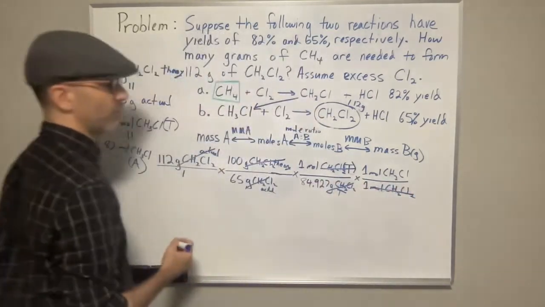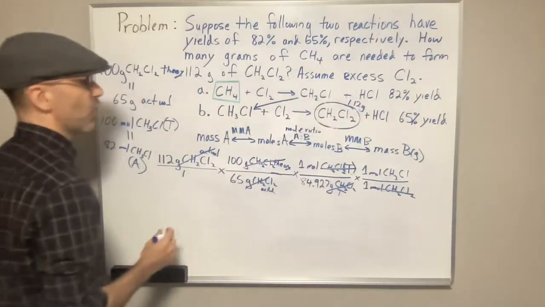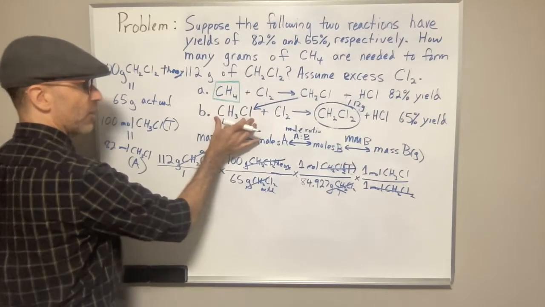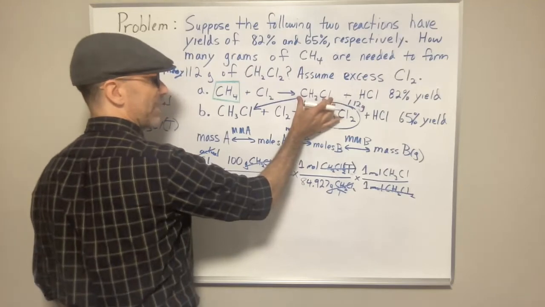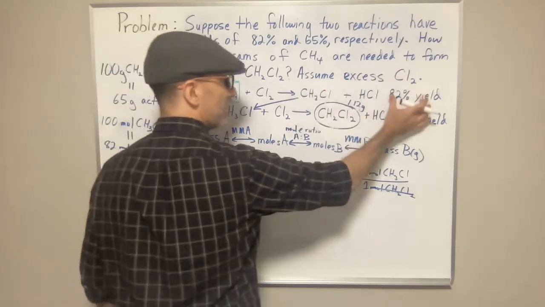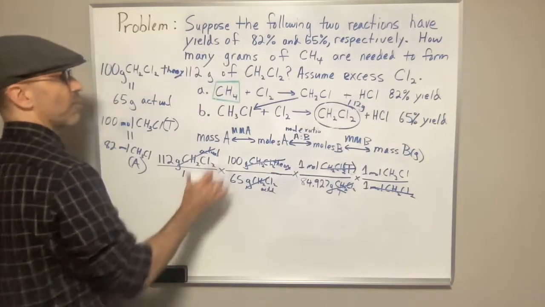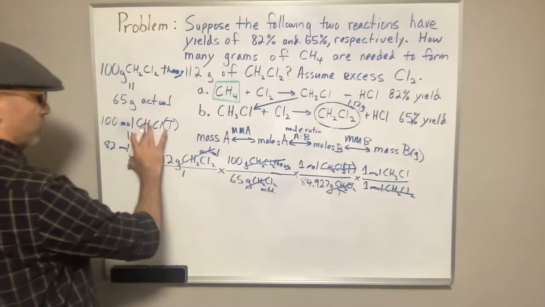Now I have moles of CH3Cl, and now we can go to here. The amount that I got here is the actual amount, but because of the 82% yield, I should have gotten more. So we have to take this into consideration, and that's where this is going to come in.